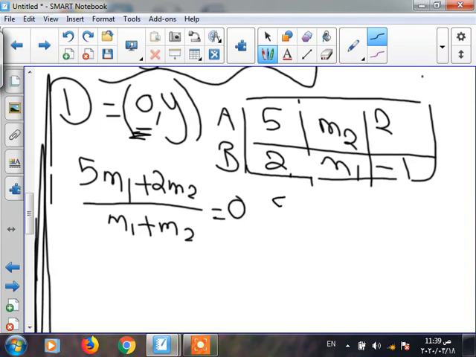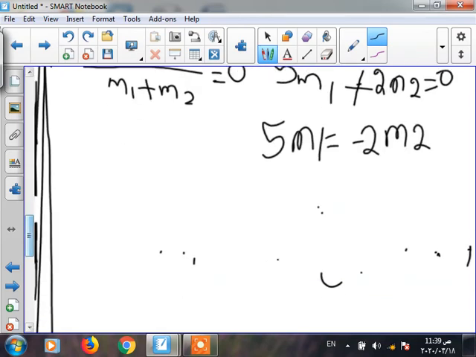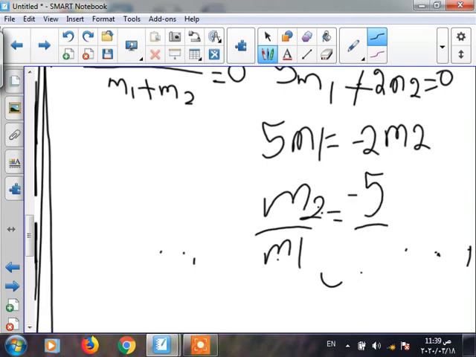Now 5M1 plus 2M2 is going to be 0. And here 5M1 will be negative 2M2. And here we can get that M2 over M1 equals negative 5 over 2.